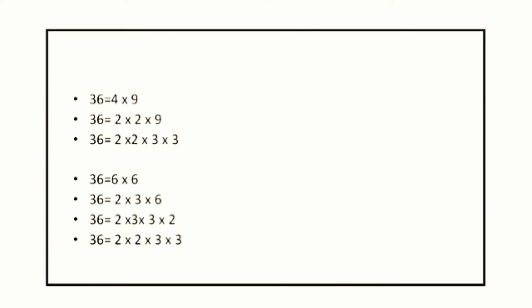Now, for the third expression, I am again splitting 6 as the product of 3 and 2. Thus, 36 equals 2 into 3 into 3 into 2. Now, rearranging the third expression, 36 can be expressed as 2 into 2 into 3 into 3.